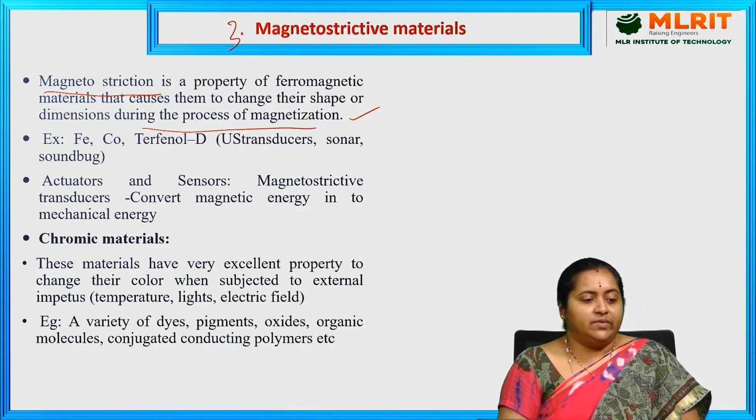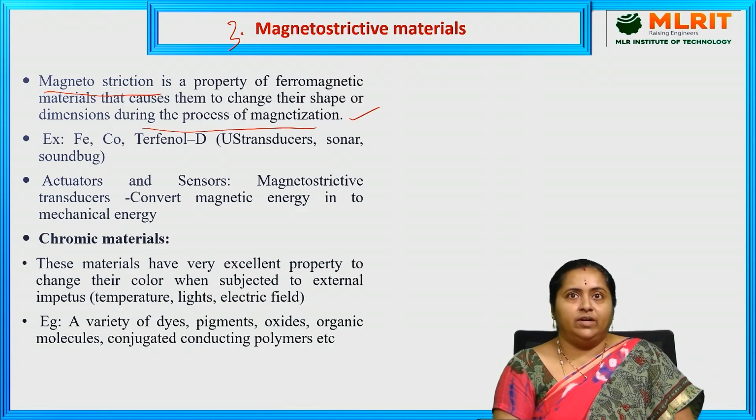Examples include iron, cobalt, and terfenol-D. These are examples of magnetostrictive materials, which are used in transducers, sonar, and so on.